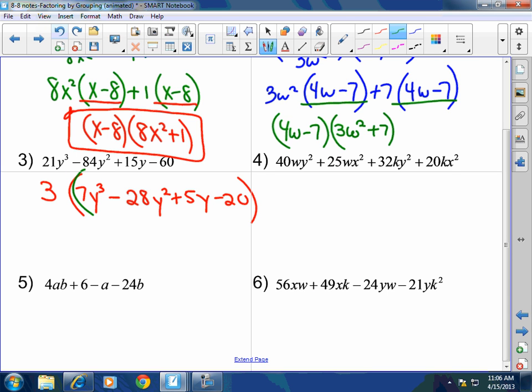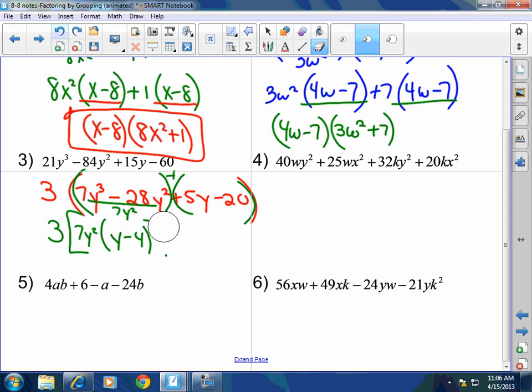Now, let's group it. What can I factor out of this right here? Remember, you have that 3. Don't ever forget that one. So I'm going to take out a 7y squared. Very good. I'm left with y minus 4. And then I can take out a 5.